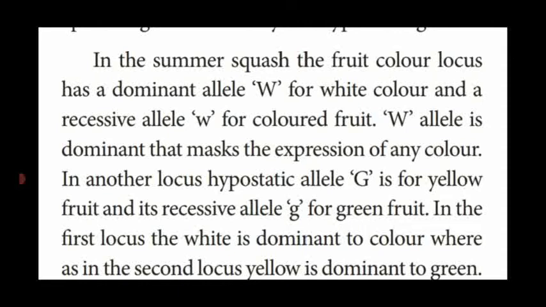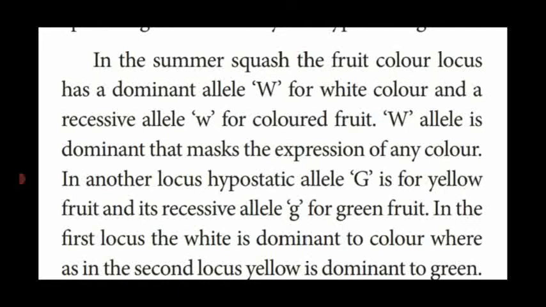The recessive allele, the other allele, is the small w for colored fruit. White color fruit means dominant, that is capital W. The other allele, that is the recessive allele, having the colored fruit, that is small w.